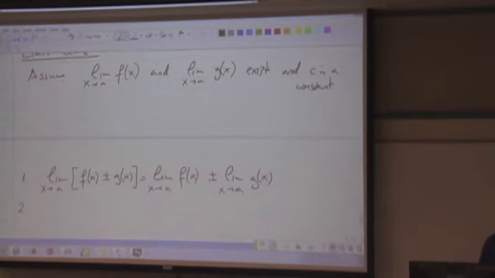Part 2, the limit as x goes to a of a constant times f of x is equal to the constant times the limit as x goes to a of f of x.